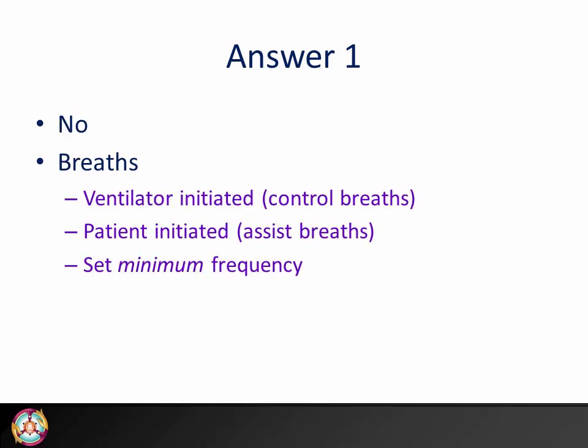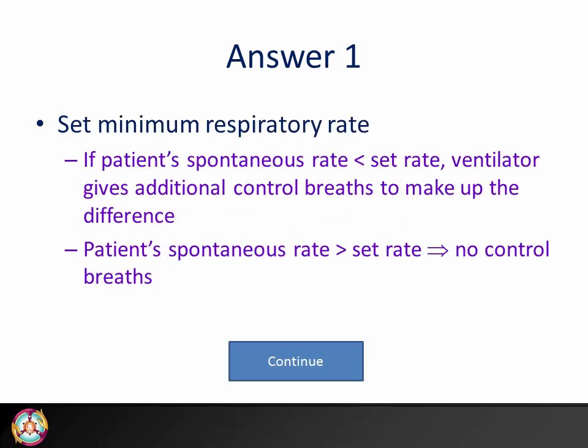No, in assist control modes, breaths can either be initiated by the ventilator, so-called control breaths, or by the patient, assist breaths. The rate you set on the ventilator is the minimum frequency. If the patient's spontaneous rate is below this, the ventilator delivers sufficient control breaths to make up the difference. If, on the other hand, the patient's spontaneous rate is greater than the set rate, the ventilator delivers no control breaths.